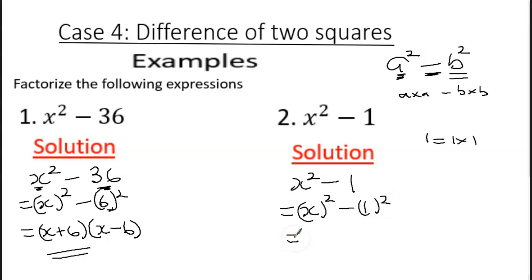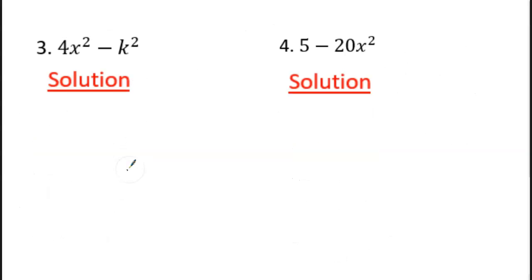So as we did in the first example, you pick one x, you combine it with 1 with plus sign, and then the same x, you combine it with minus sign. That is your answer. Let's look at the other example.